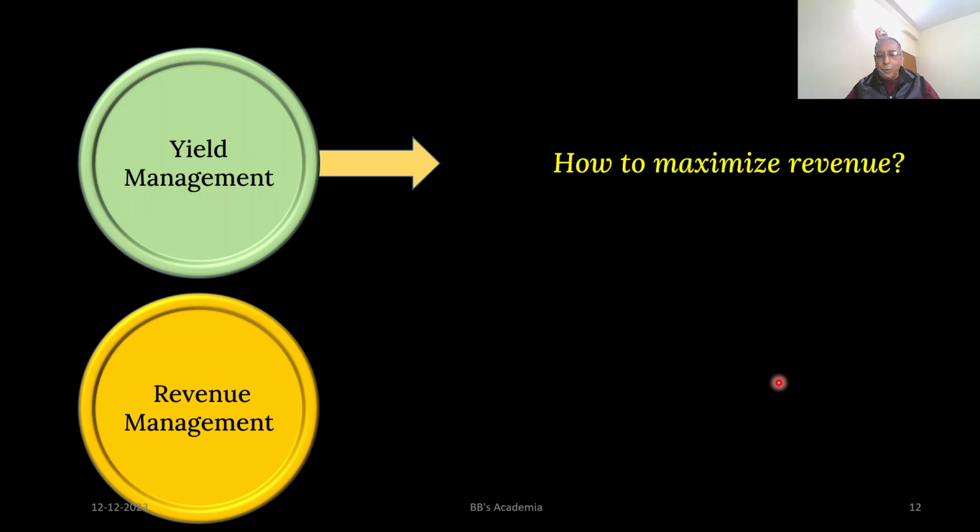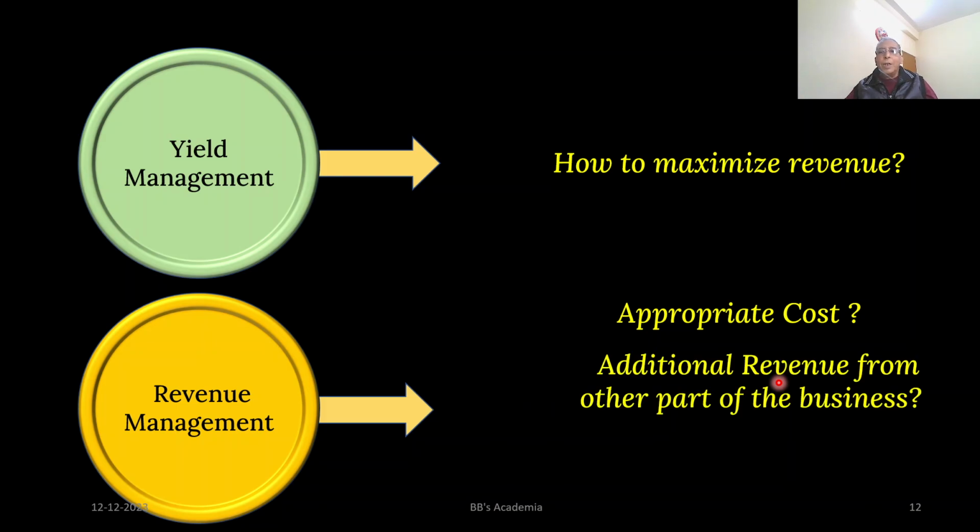Whereas in revenue management, the first point is the appropriate cost. You have to find out your cost. At the same time, another point under revenue management is additional revenue from other parts of your business.